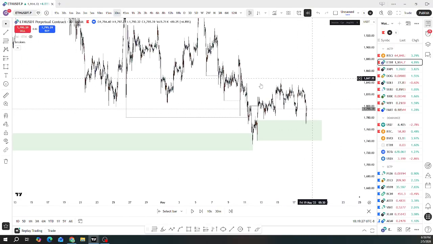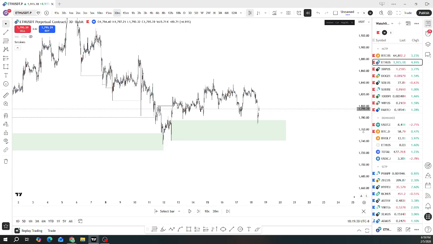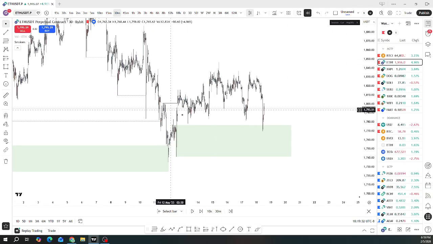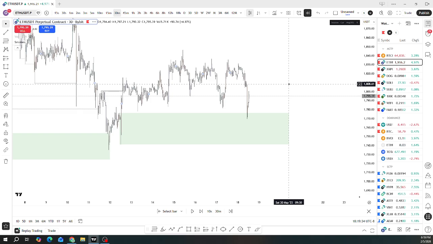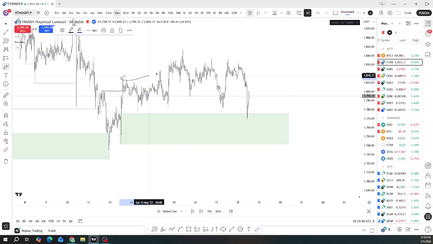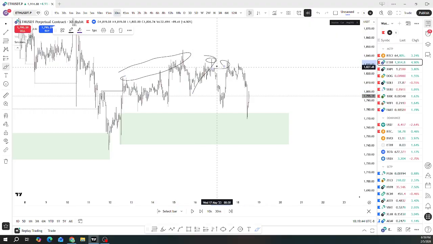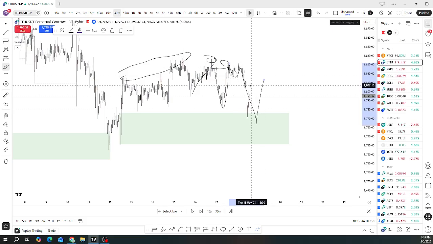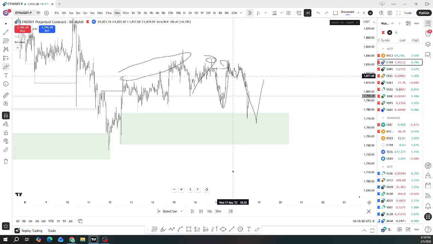Kind of looks like some sort of a topping formation there on ETH. Some ugly top. I feel like I've seen ETH do this before, honestly. It looks familiar, where you have this, and then you have these retests, but the retests have super weird price action in between, leaving the liquidity. We're gonna see.